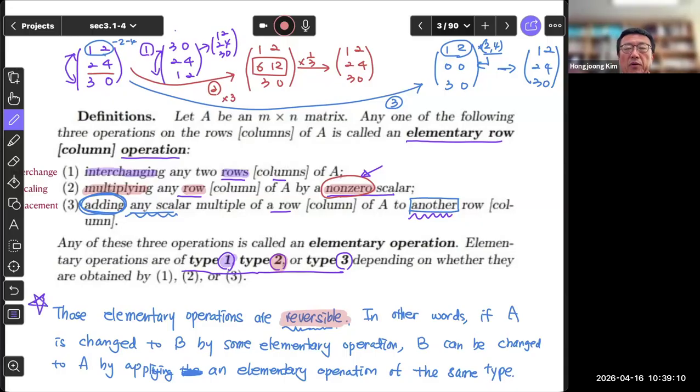These operations are reversible. Meaning, if you perform a certain row operation on a matrix A to get matrix B, then you can go back to A by performing a certain row operation. If you perform a certain column operation on A to get B, then from B you can get A by performing a certain column operation.